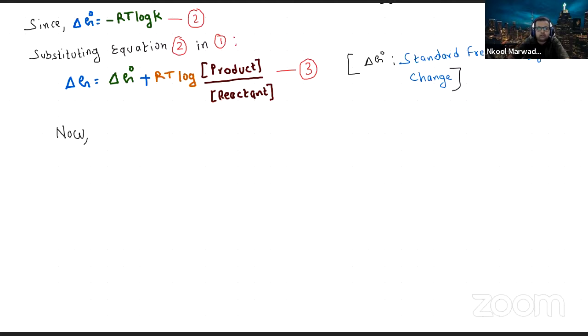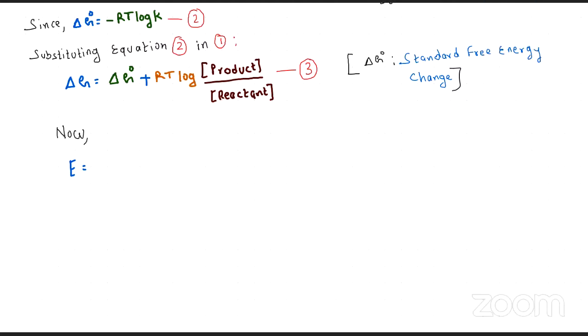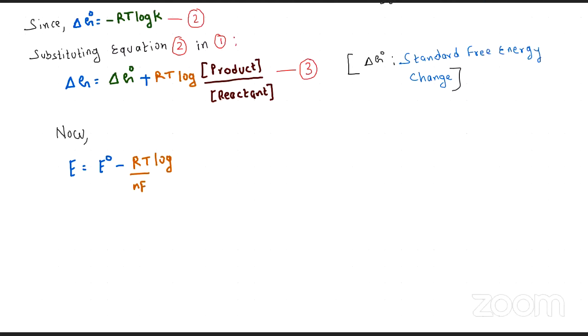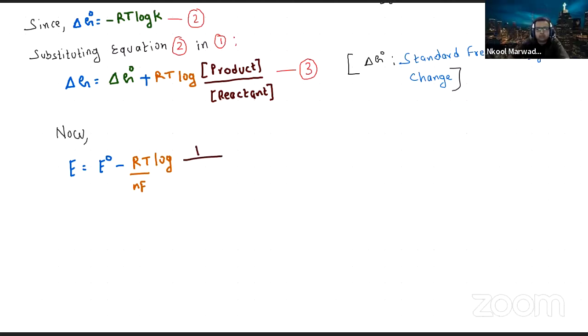Now, electrode potential. We call it the EMF, electrode potential E is equal to E naught minus RT by NF log 1 upon M A plus.